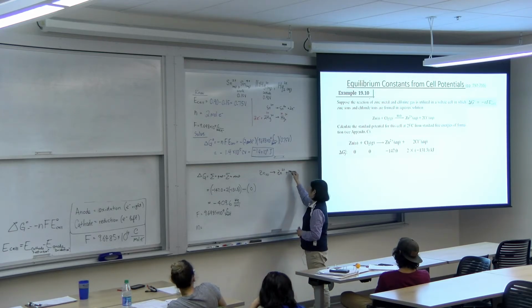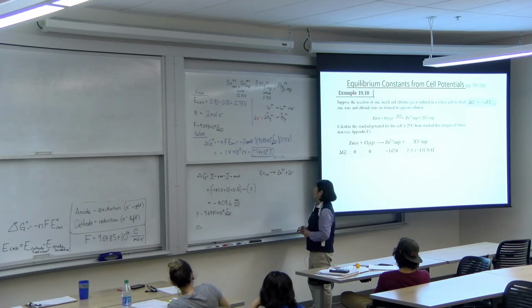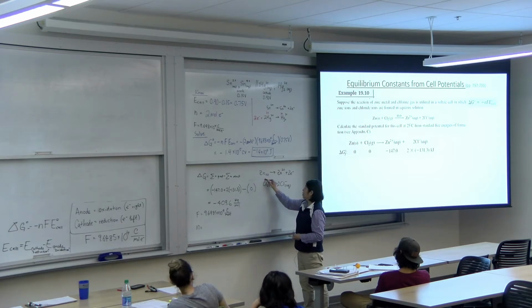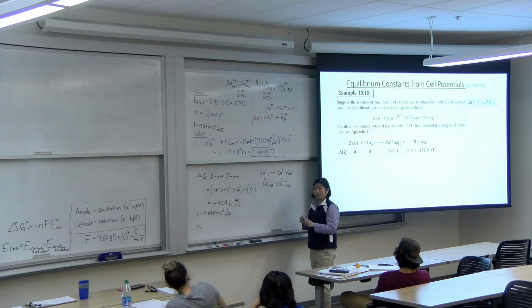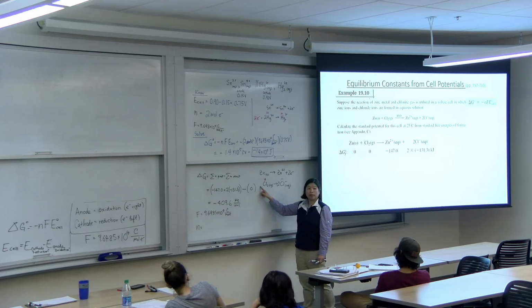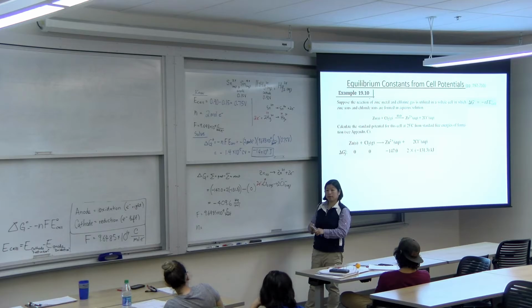I need 2 electrons on this side, right? Then I go from chlorine, neutral, to chloride. Again, very easy. Chlorine is 0, chloride is negative. So for 1 chlorine, you need 1 electron here, right? But how many chlorines are undergoing this process? 2, so you need 2 electrons. So really, what is N? 2.